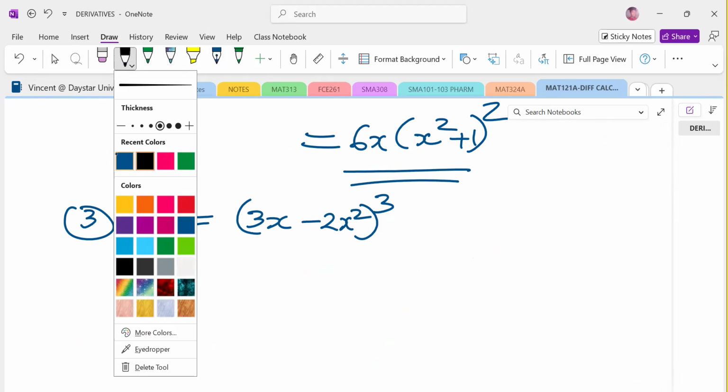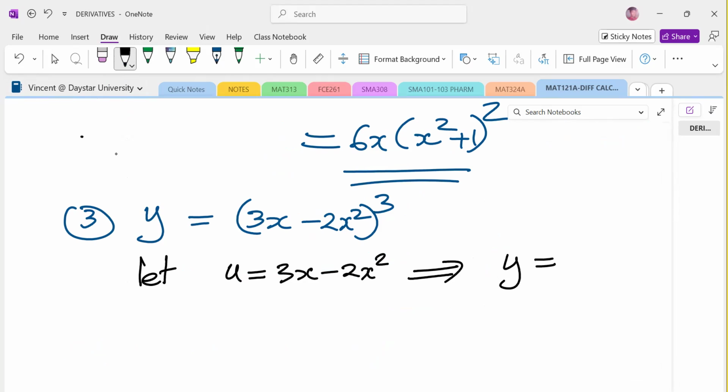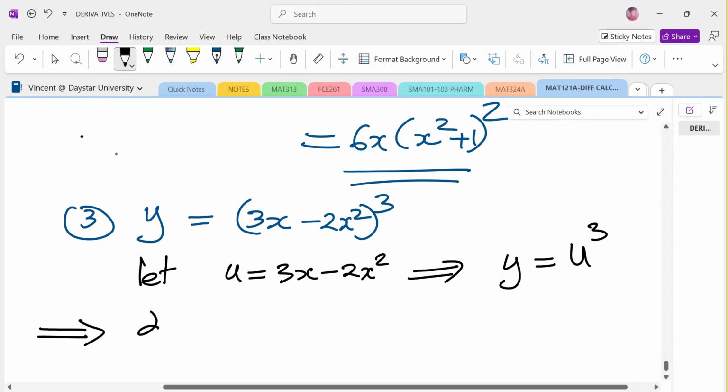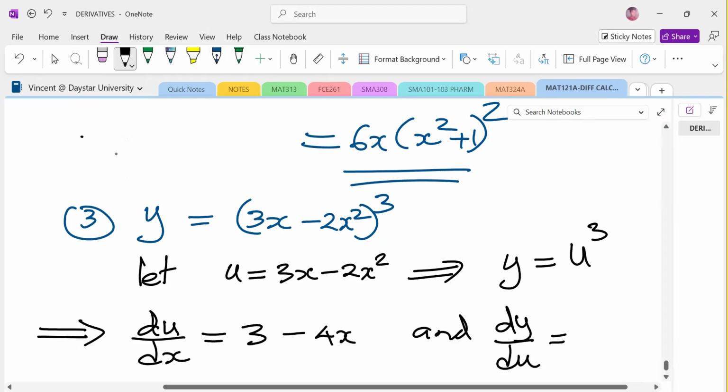Yeah, so what is in the bracket? So let u be 3x minus 2x squared. So which means y will be u cubed. So this implies du dx will be 3 minus 4x and dy du, 3u squared, correct.